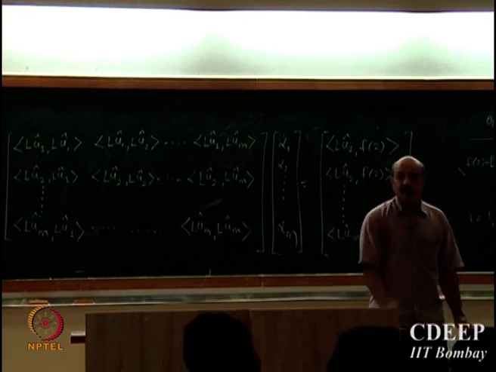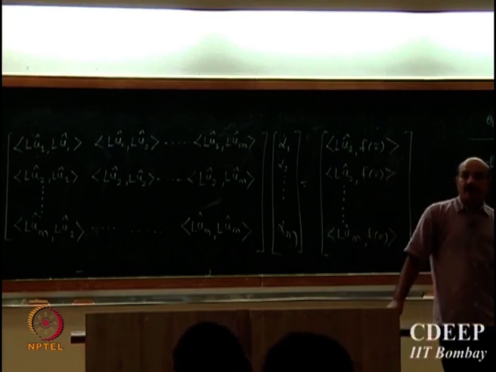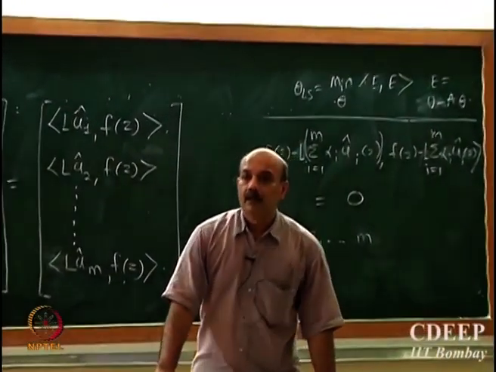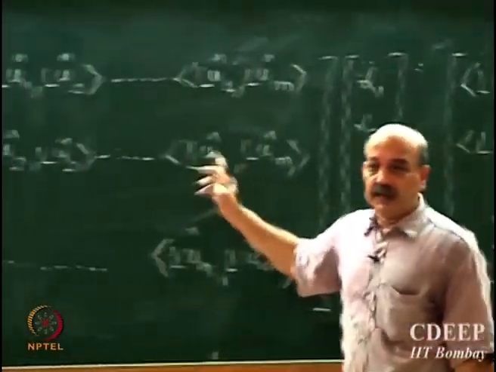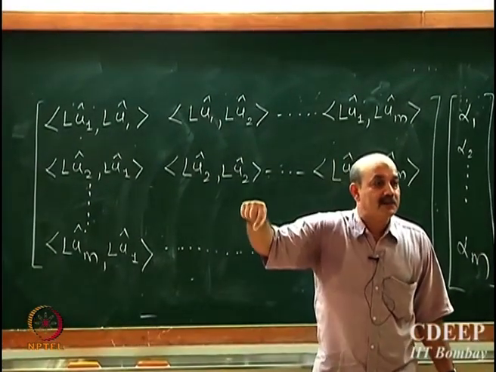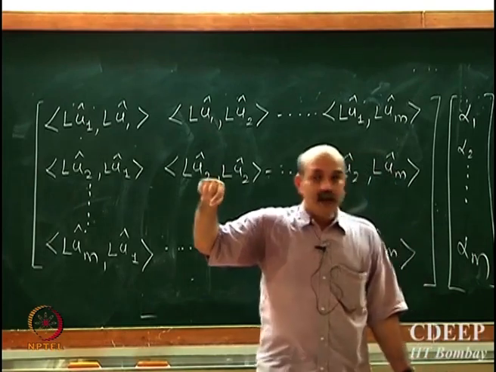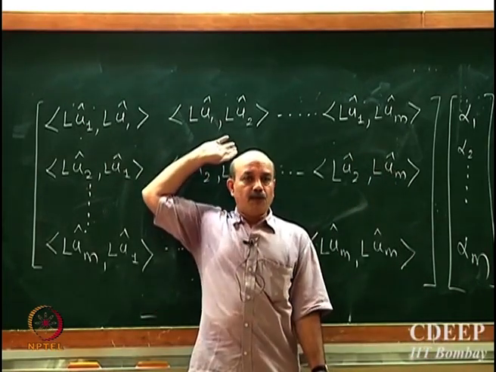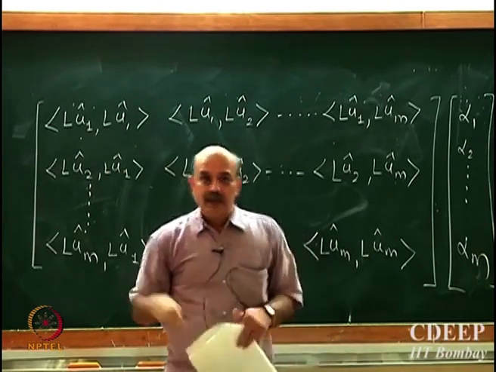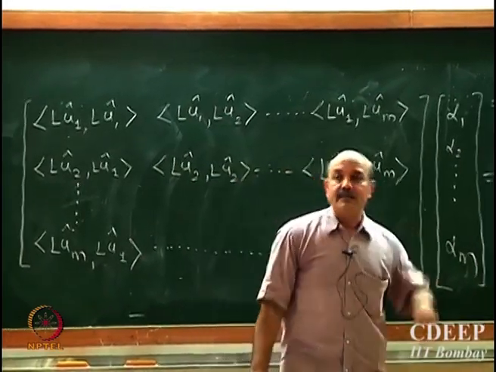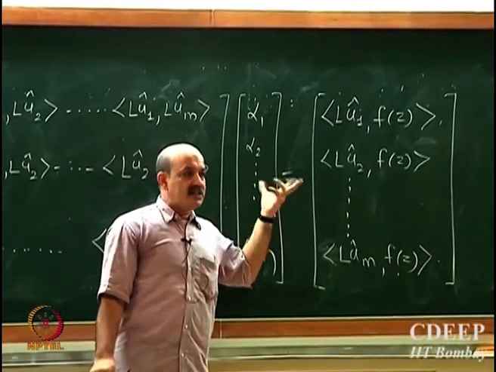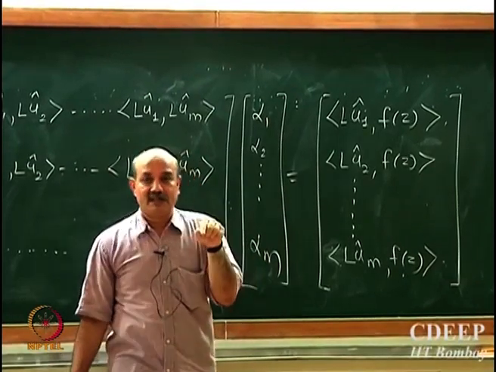There is one difference between the previous methods of discretization and this method. What is that difference? Here these integrals are over the entire domain, not at a few points. I am not evaluating this integral at a few points, I am evaluating it over the entire domain. So the finite dimensional approximation comes because of the finite number of basis vectors we have taken, not because of grid points.